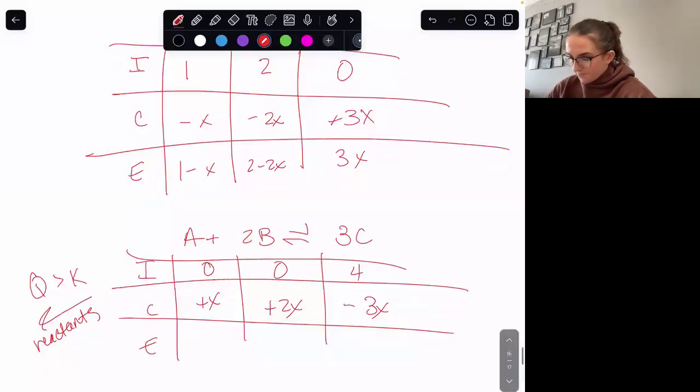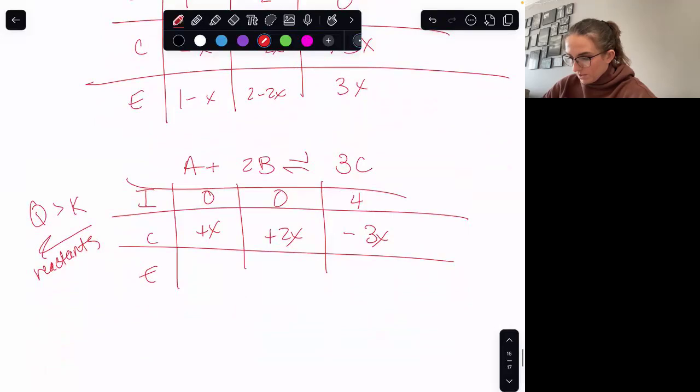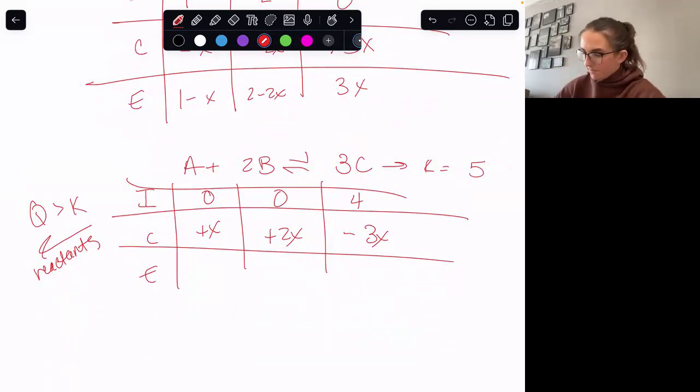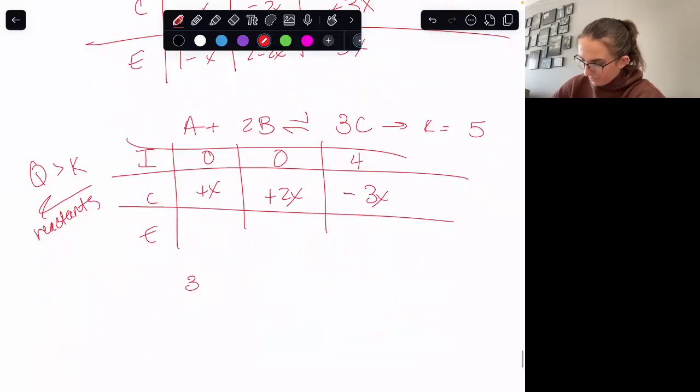Right, so if this K is equal to 5, the way that it's written, if you flip it, then you have 3C going to A plus 2B. It's the same reaction.